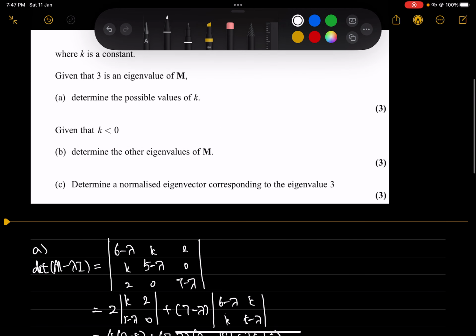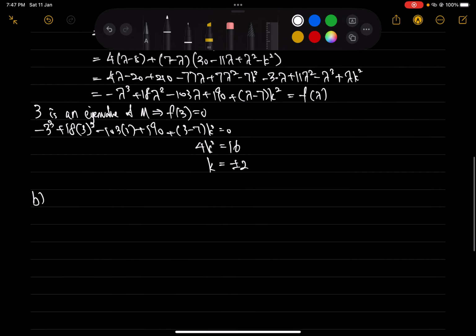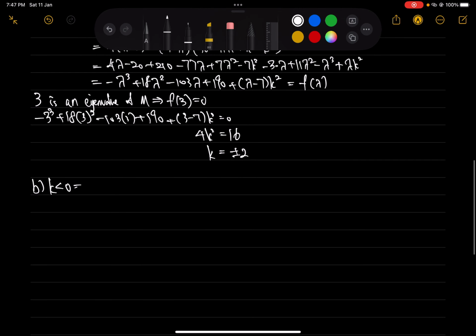Part B says that k is less than 0. So we could say that k is negative 2 now.